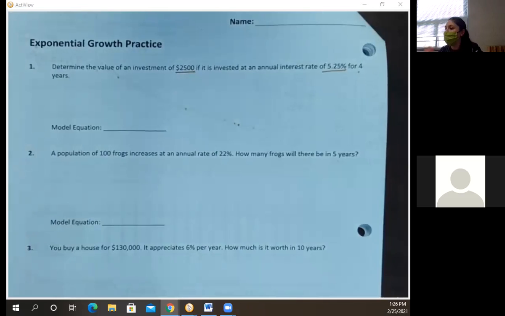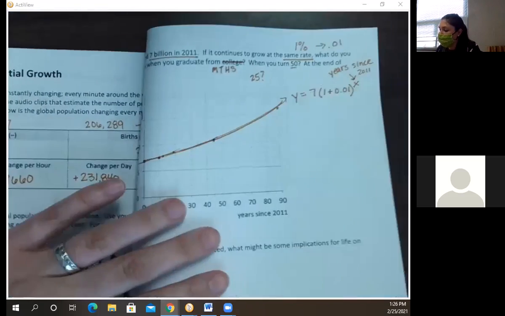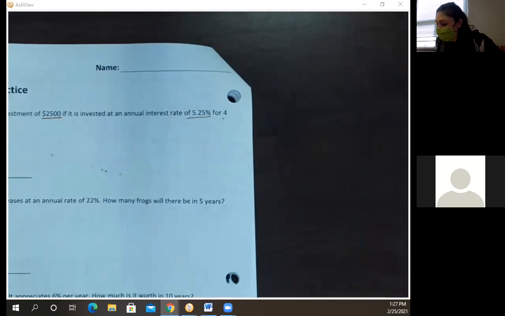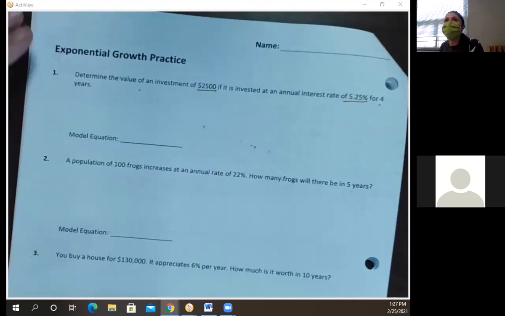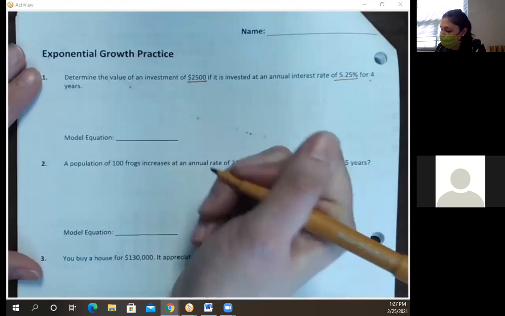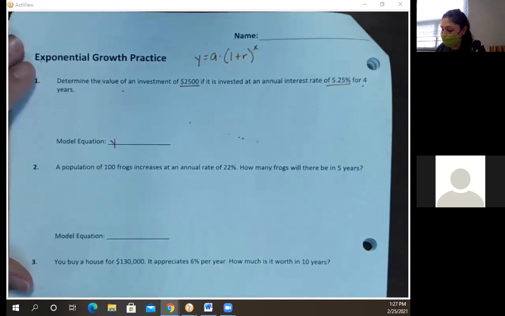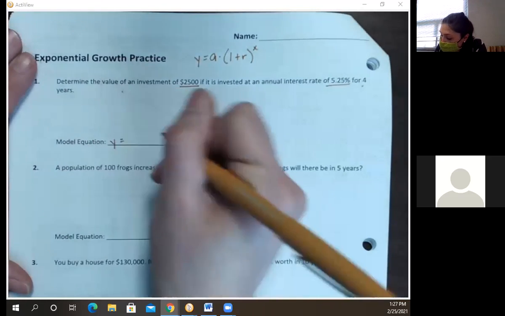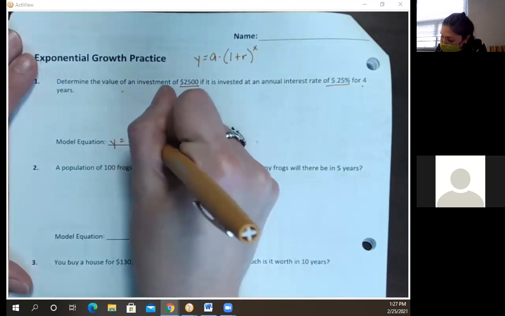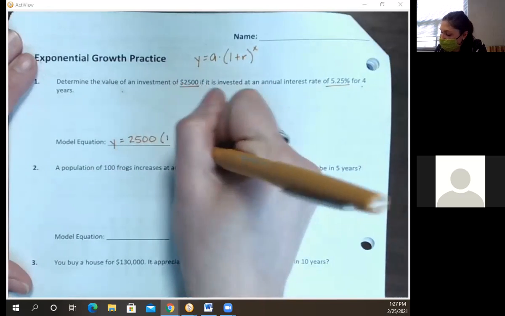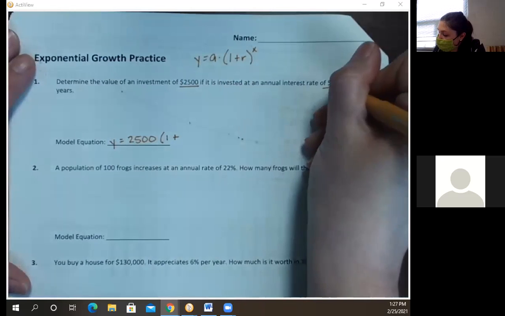So the first thing we want to do is create an exponential model to summarize what's happening here. That way, just like with our population, we could plug the year we wanted into our formula to determine the amount we have. So I'm going to start with my function. Remember, we're looking at that general growth formula. I start with my initial amount, 2,500, and then I'm multiplying by, in parentheses, 1 plus my rate as a decimal.